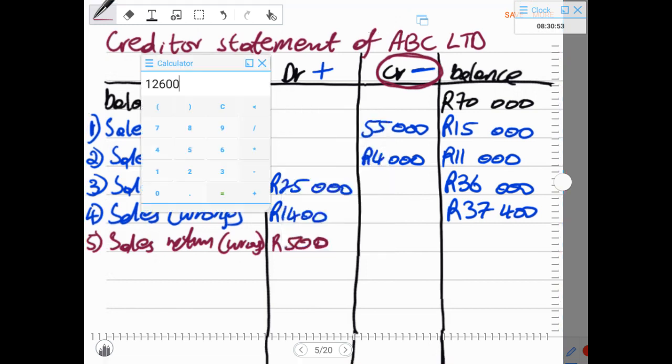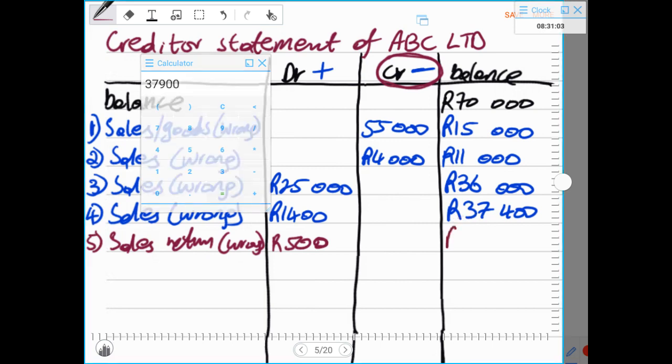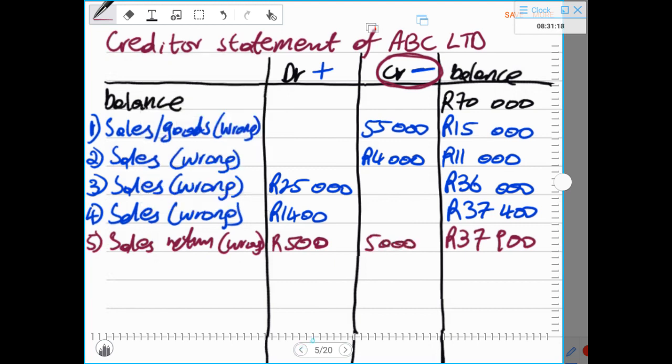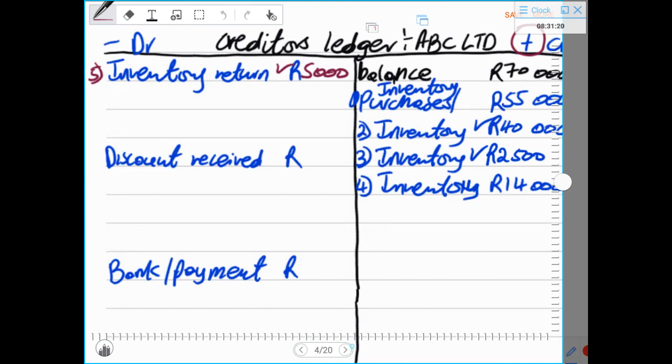Because we recorded 500, we have 37,400 plus 500. So meaning our balance will be 37,900. But had the right amount of 5,000 been recorded on the right side, the right amount was 5,000.